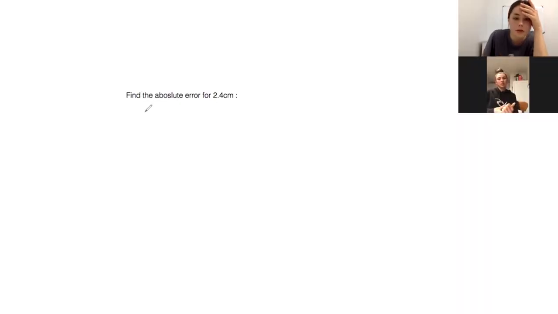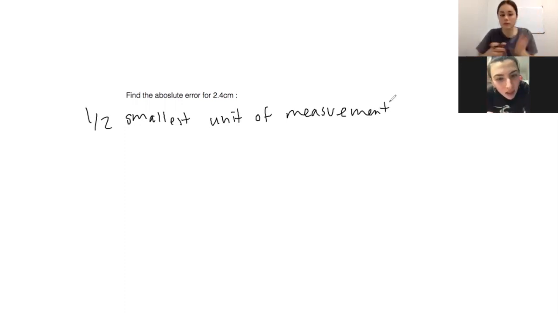Okay. So the absolute error is half the smallest unit of measurement. Are you cool with that definition? I think you'd be cool with it. Yeah, I am. Is it always going to be grams?